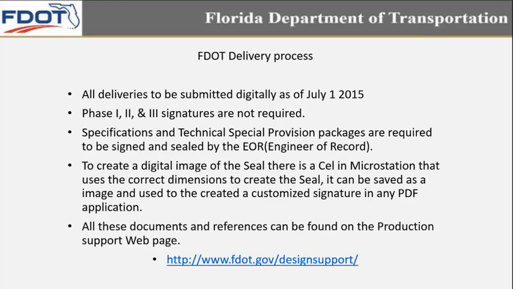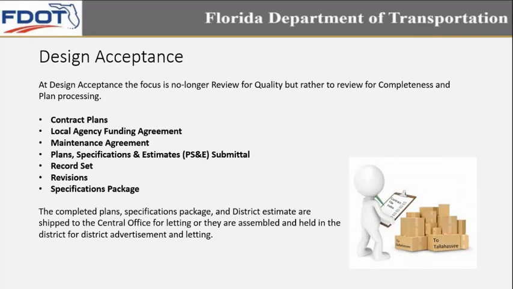And that's what this last stage of going to design acceptance is, going through these things which are more about completeness rather than quality. Now we'll talk a little more about that design acceptance. Again, the focus is no longer review for quality, but rather review for completeness and plan processing.